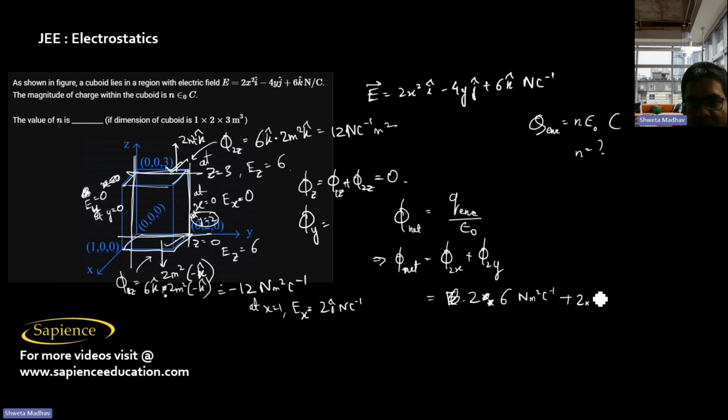So 3 into 3 Newton meter square per coulomb. So this is 12 plus 6, that is equal to 18 Newton meter square per coulomb.